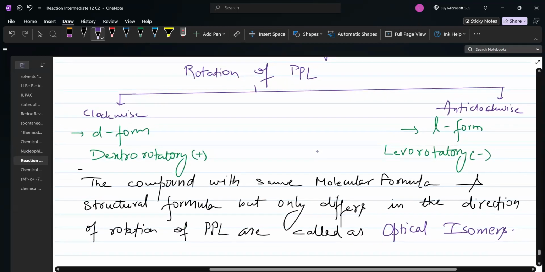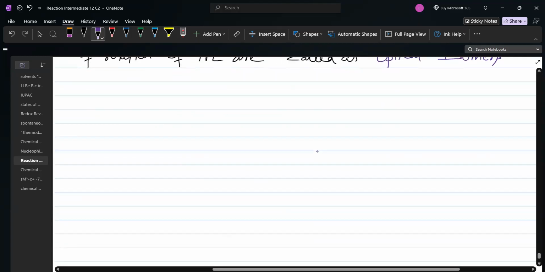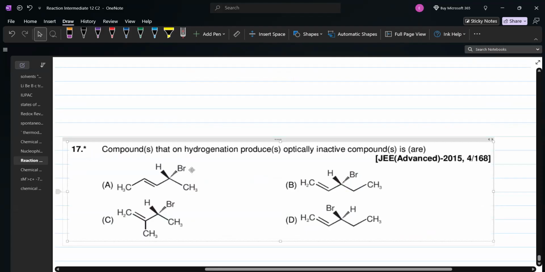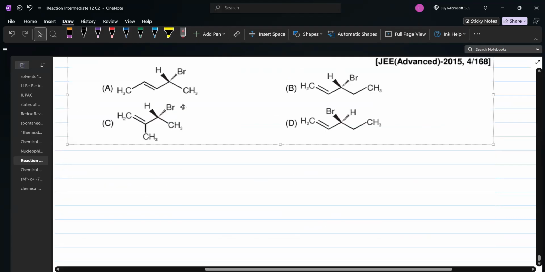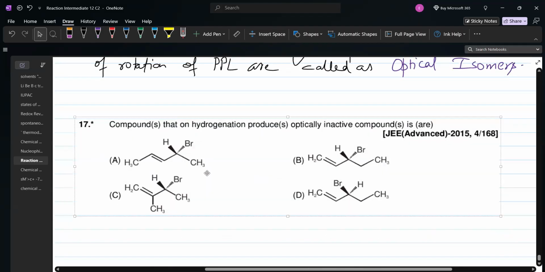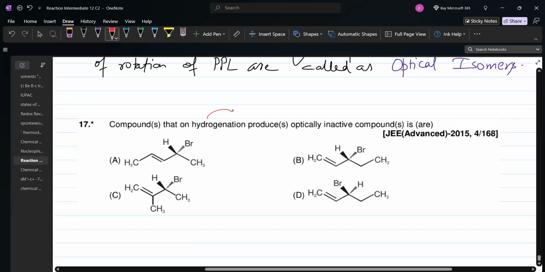Done copying? Yes, sir. Okay, so please solve this question. Let me give you a hint. On hydrogenation, you have to just remove the pi bond in all the four options.